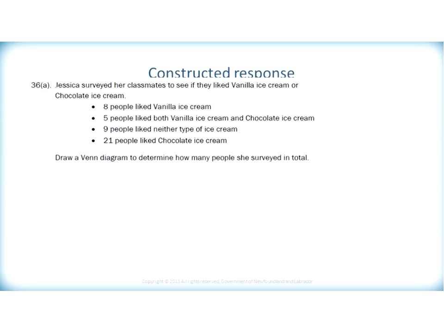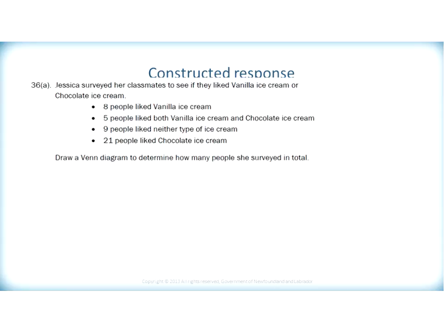So let's have a look at the constructed response questions. It says Jessica surveyed her classmates to see if they liked vanilla ice cream or chocolate ice cream. 8 people liked vanilla ice cream. 5 people liked both. 9 people liked neither type of ice cream. And 21 people liked chocolate.